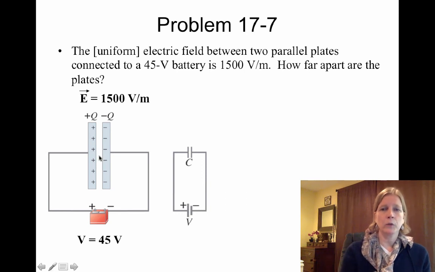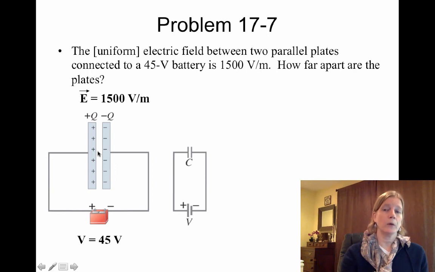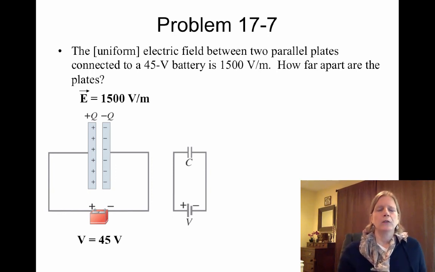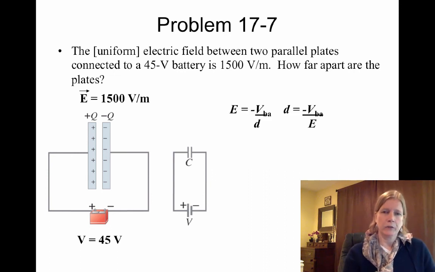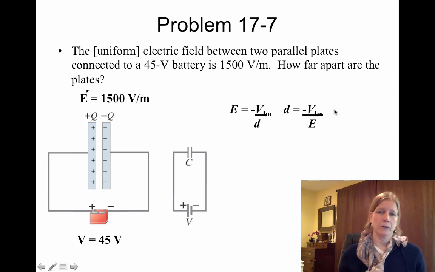All right, so we have a uniform electric field between two parallel plates connected to a 45-volt battery as shown here, and the field between the plates is 1500 volts per meter. We want to know how far apart the plates are. That would be our distance D. All right, so we have an equation that the electric field is the negative of the potential between points A and B divided by D, that distance, or we can rearrange that: D is the negative of the potential divided by the electric field.